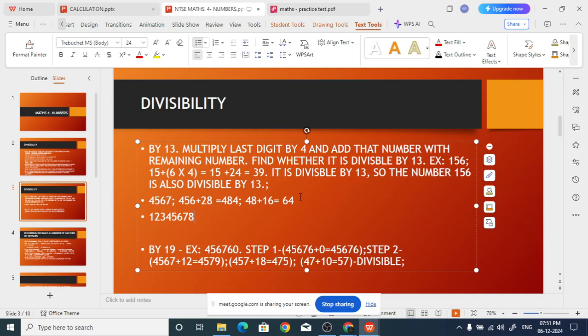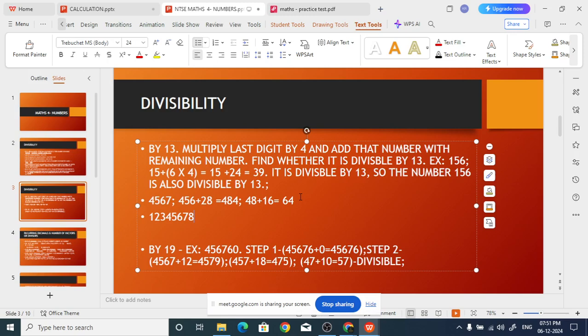Have you finished? Sir, it is not divisible by 13.